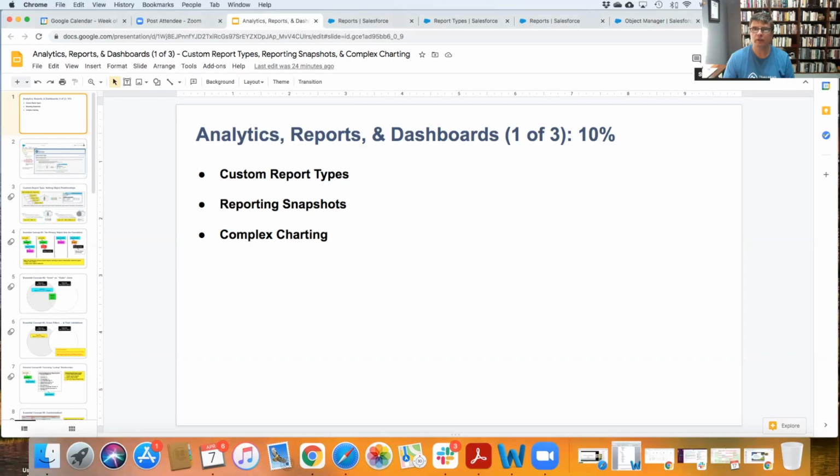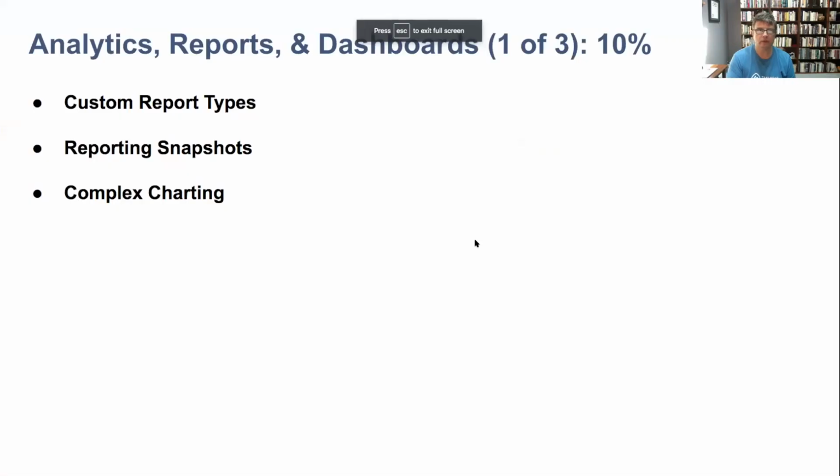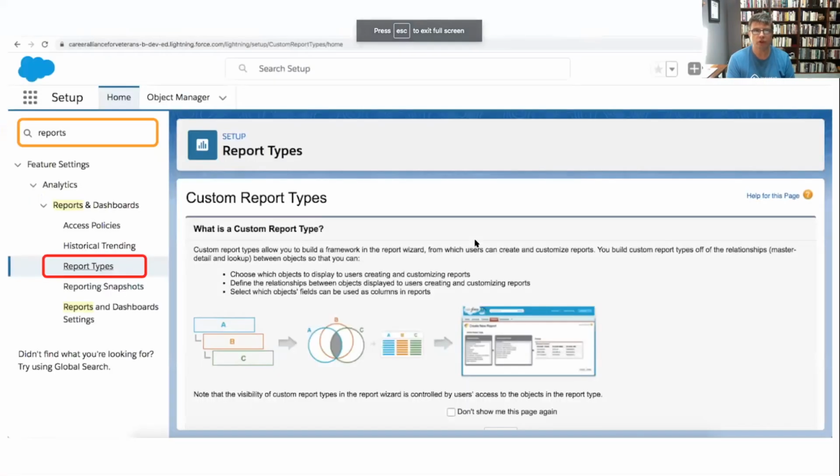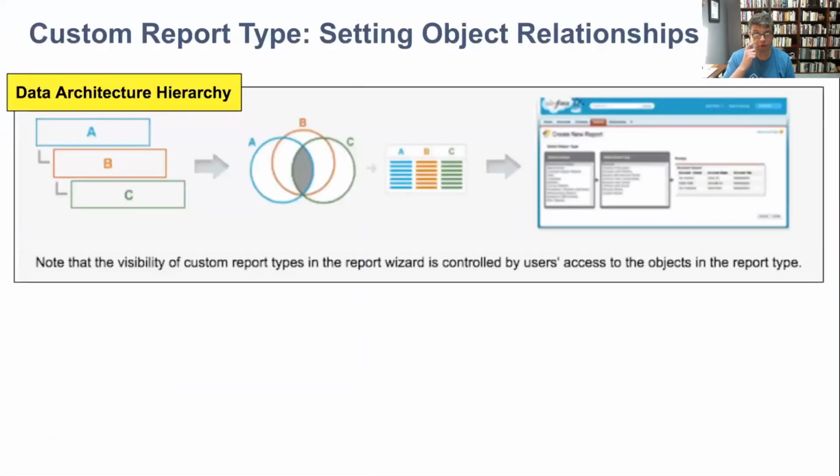As we get started, we're going to do the configuration, and I'll do a very brief demo of custom report types. You can see where we're at under setup, feature setting, analytics, reports, and dashboards. But I want to talk about a couple of key concepts first. So one thing that's very important is the object relationships and the data architecture hierarchy.